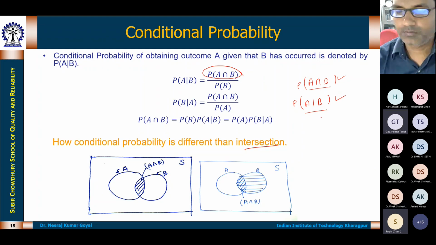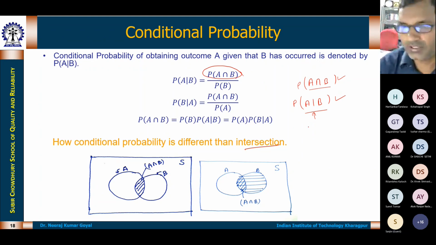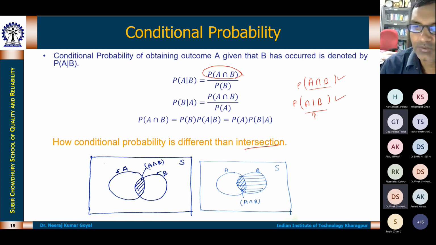So in case of P(A given B), it is different in the time sense. It is happening one after the other. Not necessarily. Sir, I think both are happening together, or we can say both are happening in the determined period. Yes.